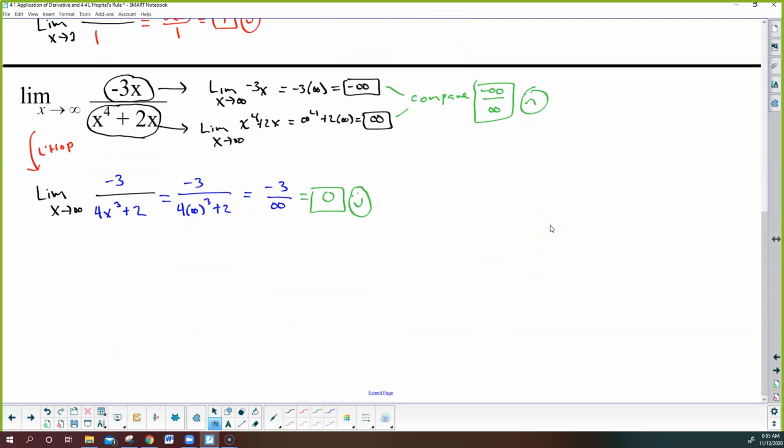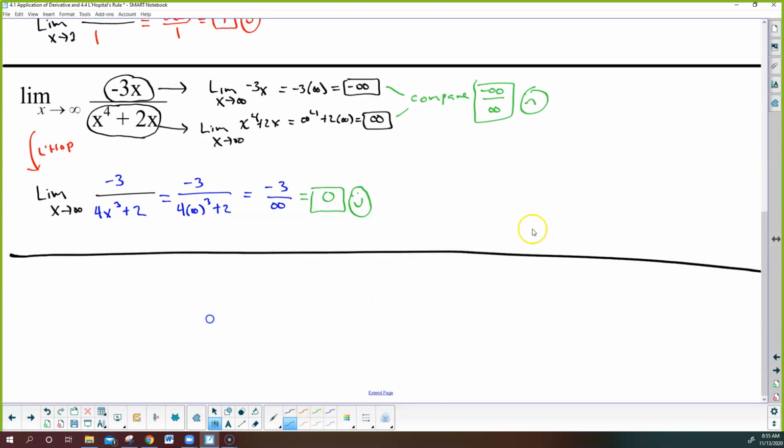Okay. So every year I have kids that have a hard time visualizing this or understanding, well, wait a minute, why does that equal 0? So here's what I like to think of. Let's say that I got a rope that's 10 feet long.